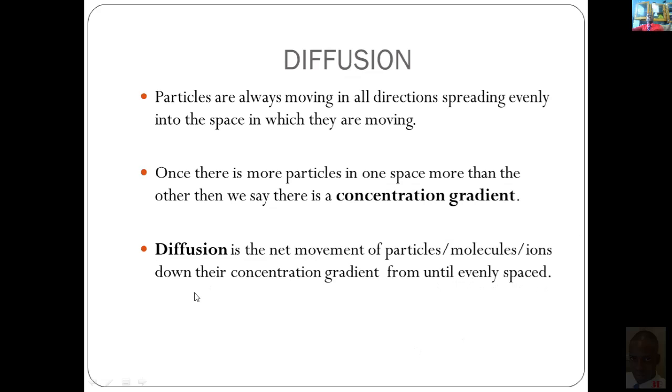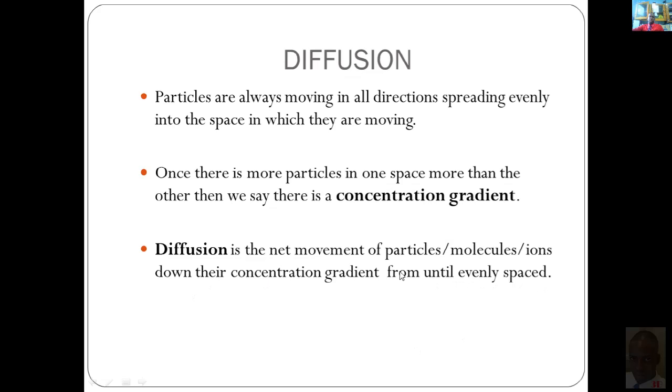Once there are more particles in one space than the other, then we say that there is a concentration gradient, which means if we have more particles in one area of a room and fewer in another area, then we're creating a concentration gradient. Now diffusion is the net movement.